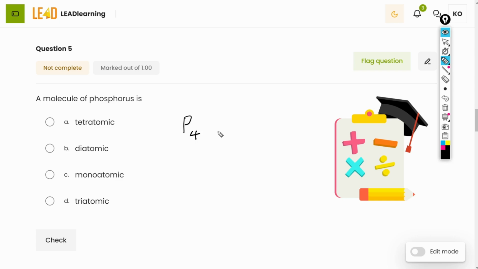Phosphorus is in group 5 of the periodic table, so each phosphorus atom will require 3 electrons to become stable. It will now undergo covalent bonding with itself to form a triatomic molecule. So our answer is option A.